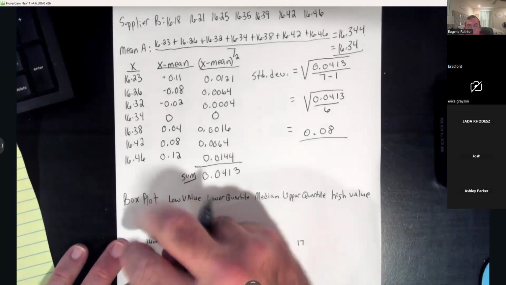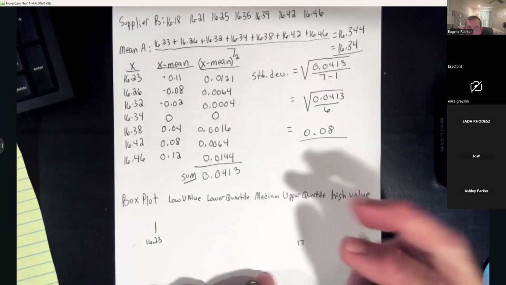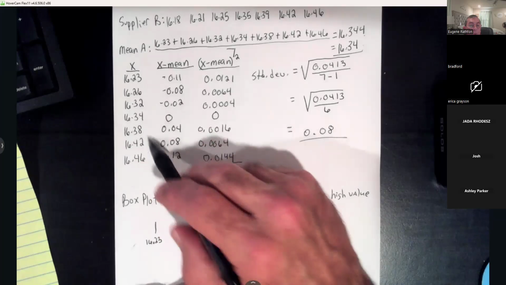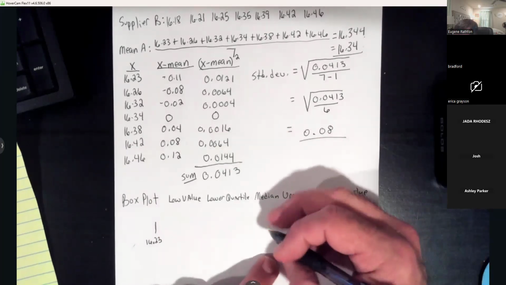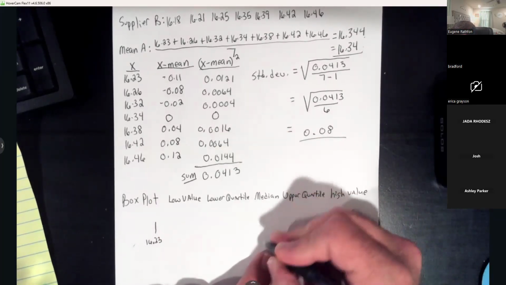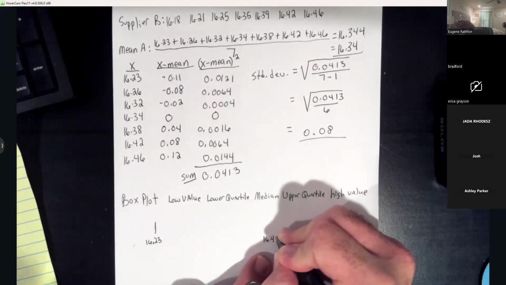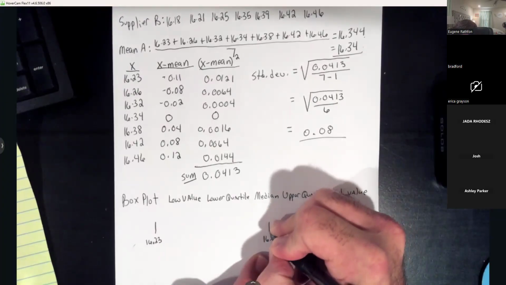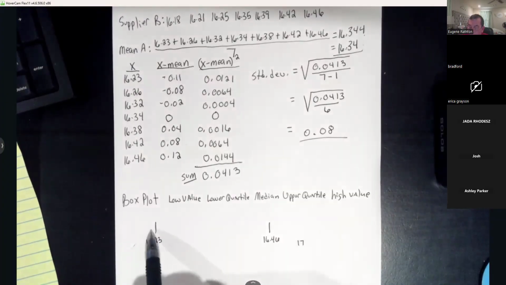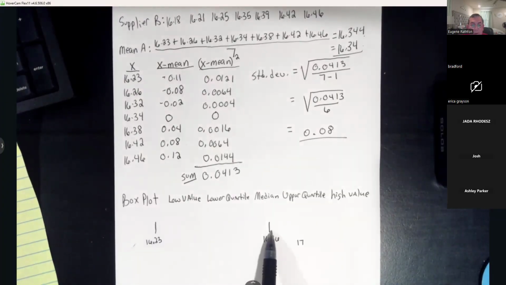I didn't remember. And we'll draw the box in a second. My high value was 16.46. So I'm going to put that about right here. So the low value and the high value.